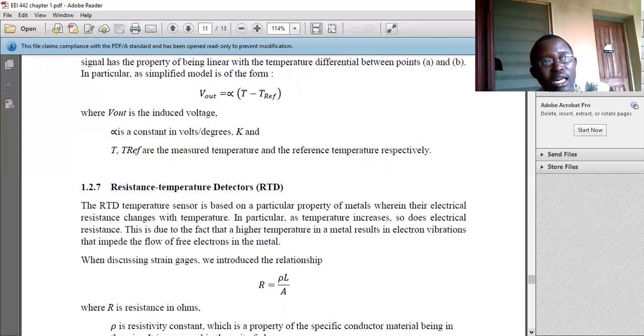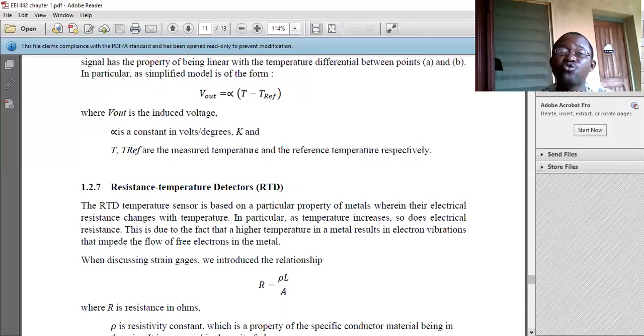What really happens here is that we have a conversion of energy. Energy is being converted from one form to the other, from thermal energy or heat energy into electrical energy. So there's the conversion of energy that's taking place on the temperature that we are measuring to the EMF that we are producing from the thermocouple.